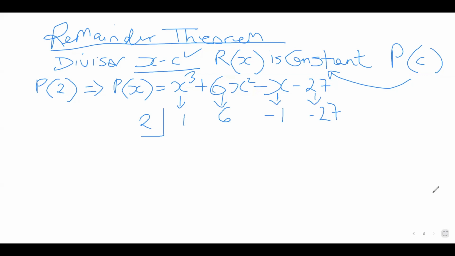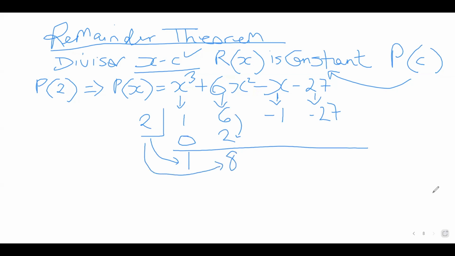So we know that we're not going to have anything here because there's nothing previously multiplied, so 1 will be brought down. So now we can say 2 times 1 is 2. So we're going to bring that here. Then we're going to add these two, and we're going to get 8. And then we're going to say 2 times 8 is equal to 16.